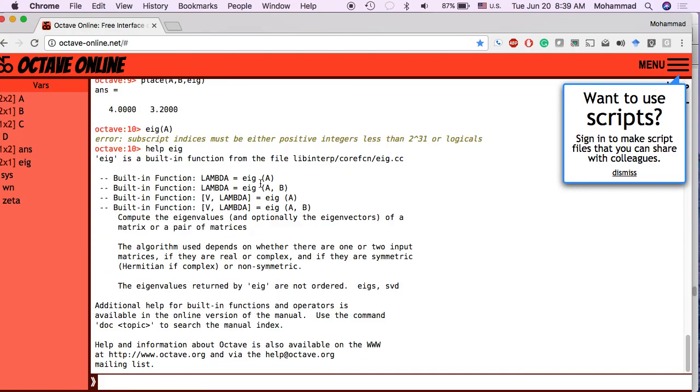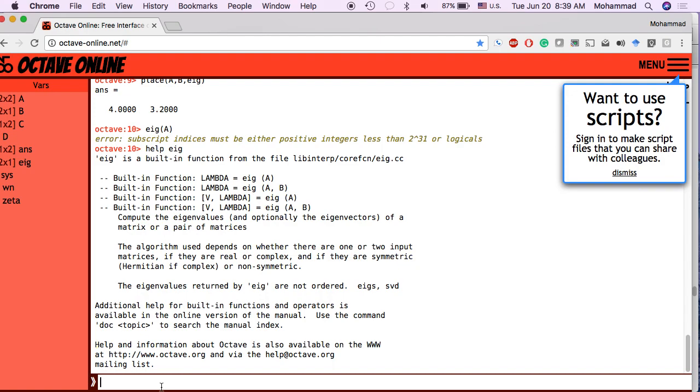So the way to find eigenvalues of a matrix is a built-in function to find eigenvalues and optionally eigenvectors.